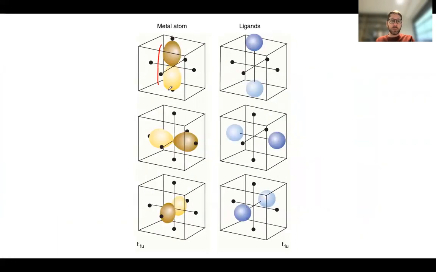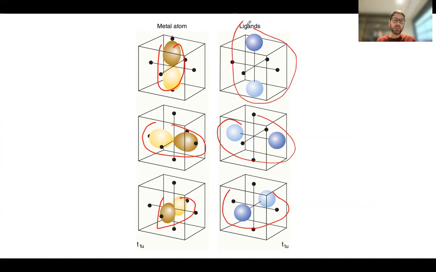The same for the p orbitals in the metal and the symmetry adapted linear combinations of ligand orbitals of sigma symmetry matching these orbitals.